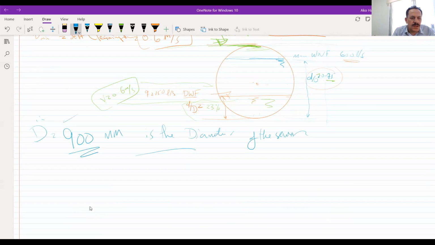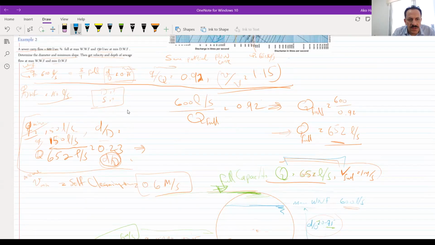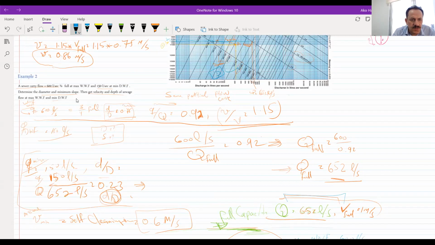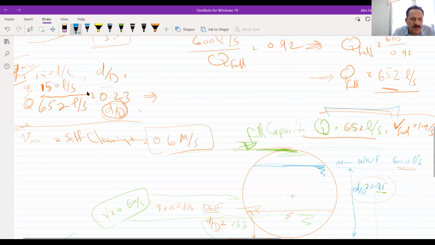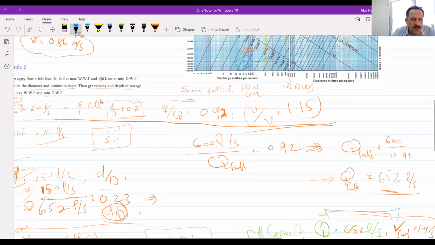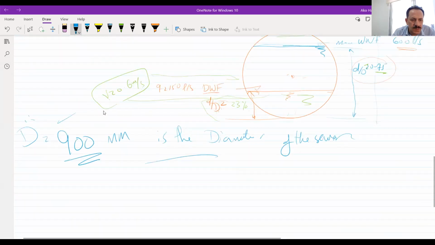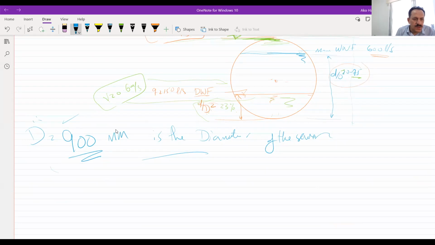Now, when I have the D, here's the D, I will go back here because it asked me to find the diameter and minimum slope. What will be the minimum slope? The slope will be 1 over 800. This will be the minimum slope of this sewer.